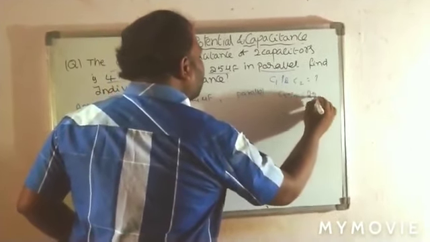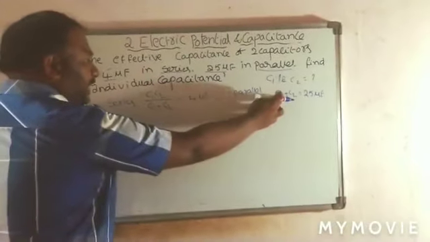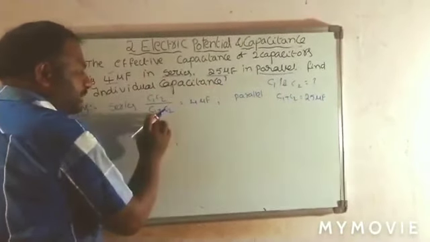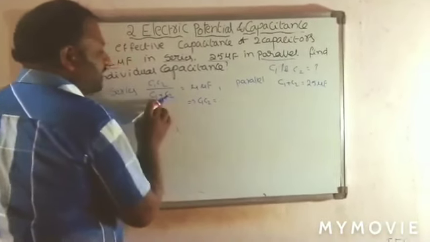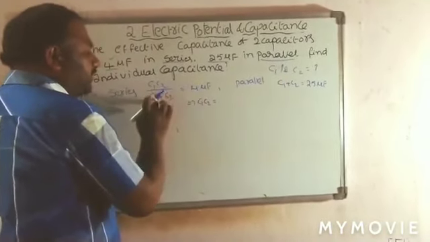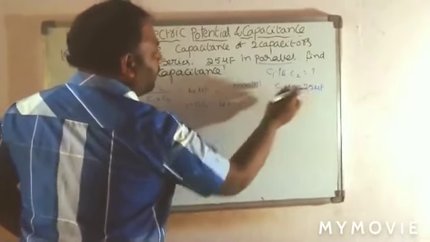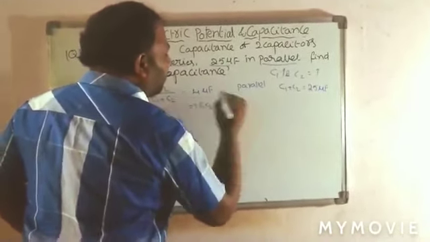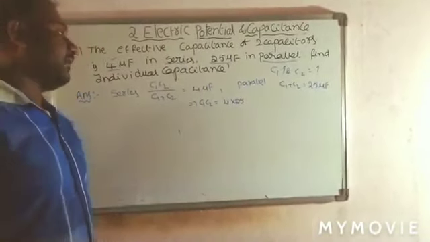The value they have given is 25 microfarad. Now from this, substituting C1 plus C2 here, we can get C1 into C2. That is 4 into 25, the value is 25 microfarad.